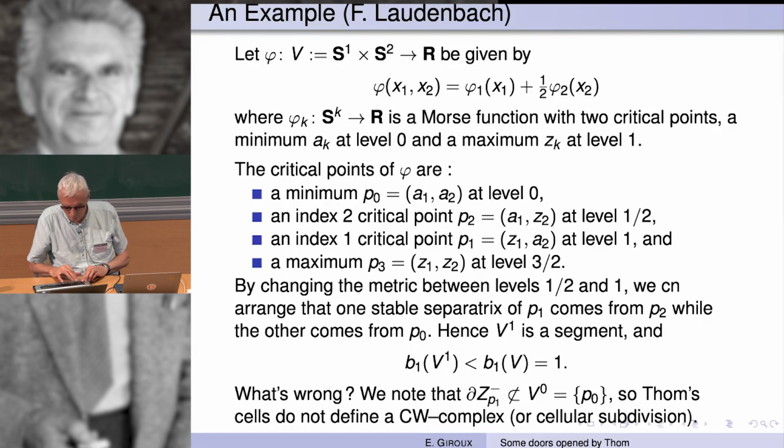And so the b_1 of this 1-skeleton is 0, which is strictly less than the b_1 of the manifold, which is 1. Is that clear? So something is wrong. And what you can observe is that the boundary of this V_1 is not included in V_0, which is the union of the 0-cells, because there is a unique 0-cell, which is the minimum. So what you define in this way is precisely not a CW complex.